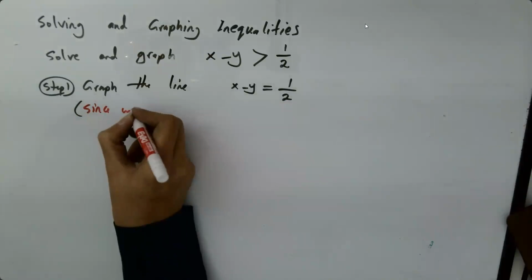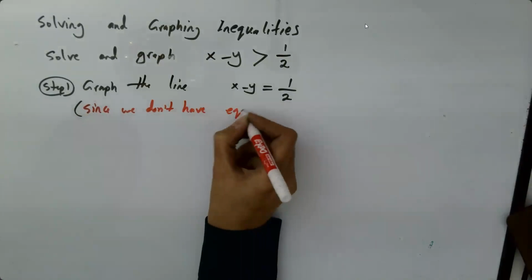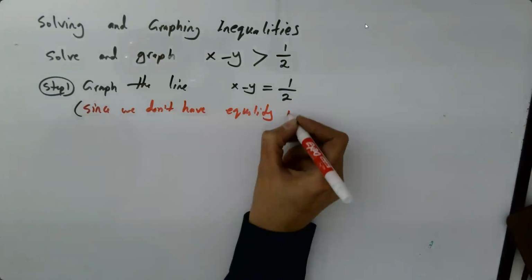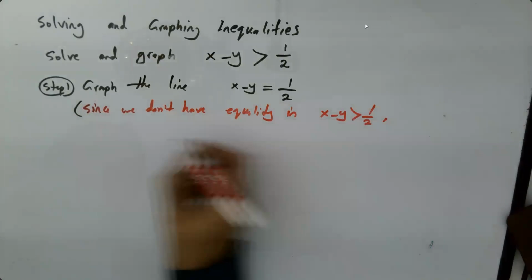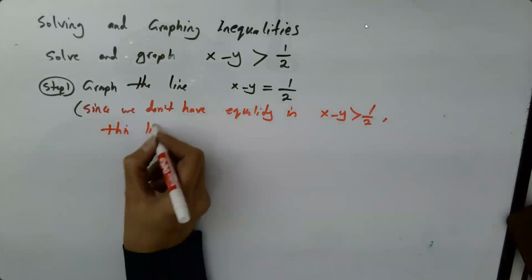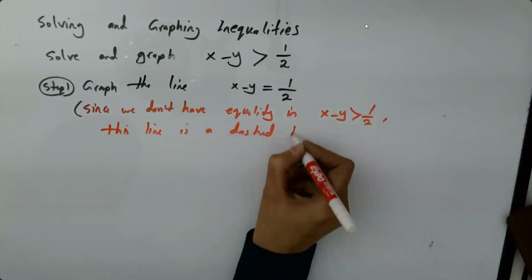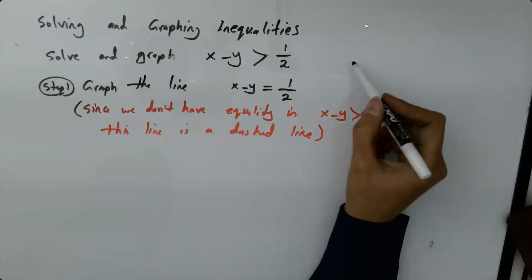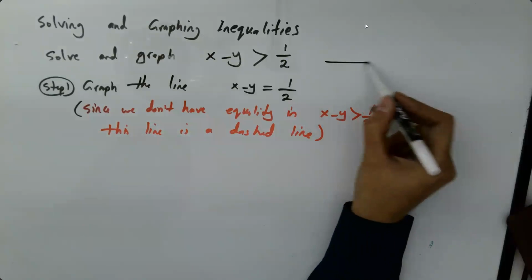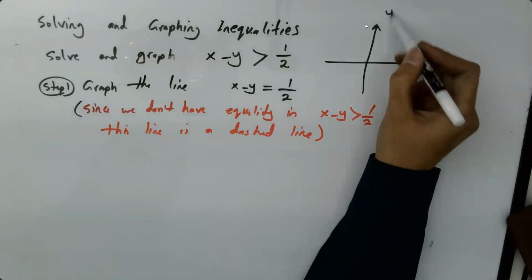Since we don't have equality in x minus y larger than a half, this line is a dashed line. Okay, let's graph this. Okay, very good. My x-axis, my y-axis.